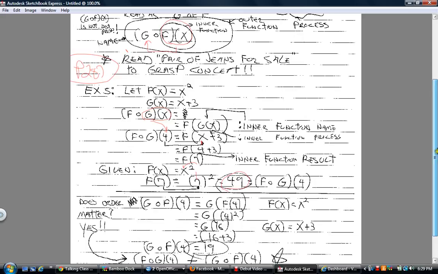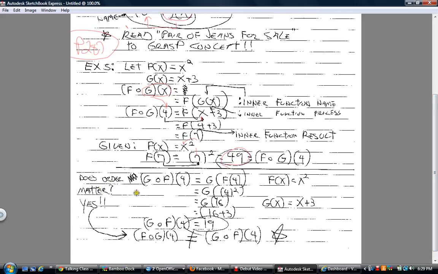I mentioned that the order does matter. I'm going to prove that to you here. I'm going to take the exact same problem, except this time the inner function is going to be the f function relative to 4, and that result is going to be input into the outer function of g. So let's see what happens here.